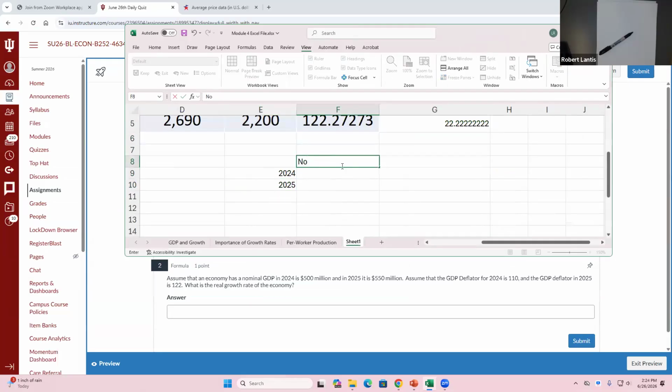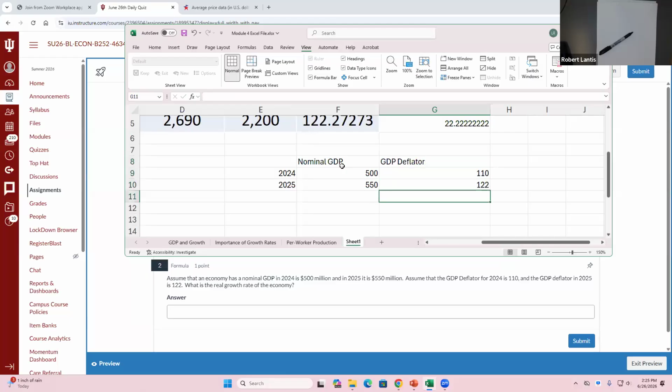My nominal GDP values are 500 and 550. In each of those years, my GDP deflator was 110 and 122. So notice here, my GDP deflator is increasing, which means I must be having price increases, or I've got inflation.